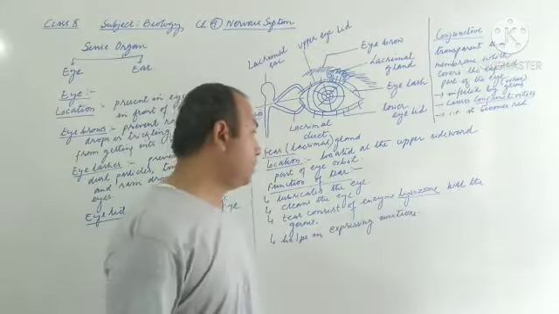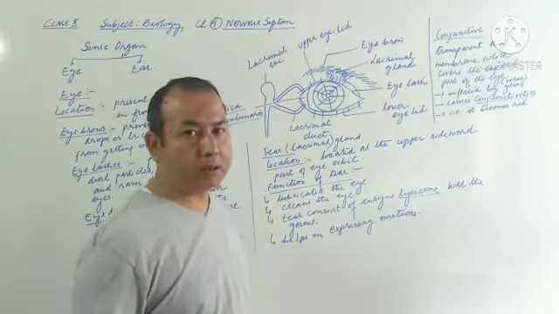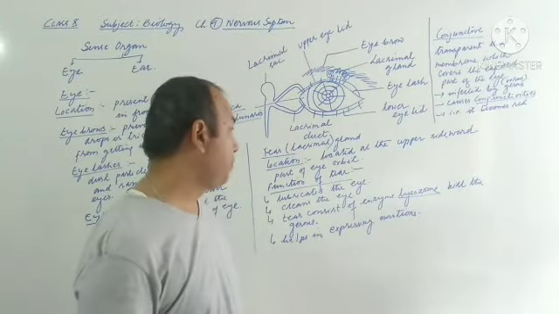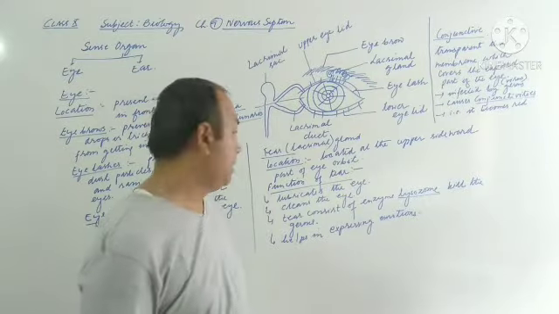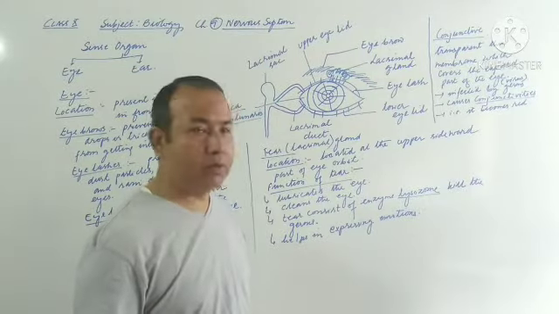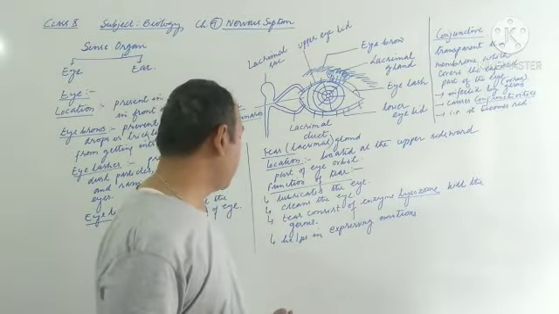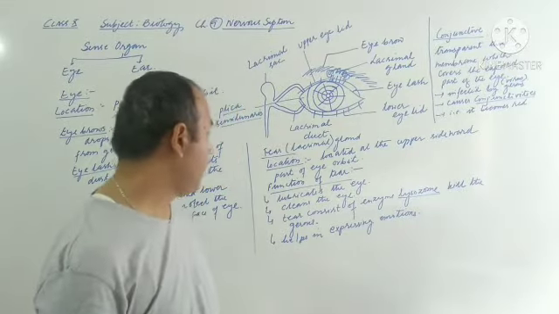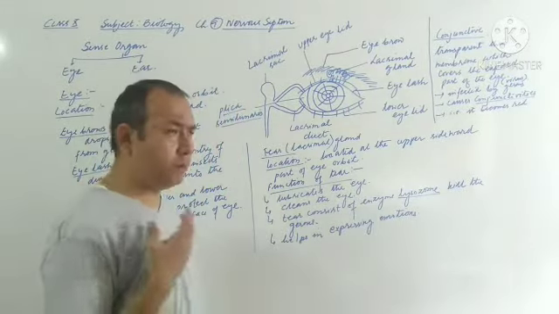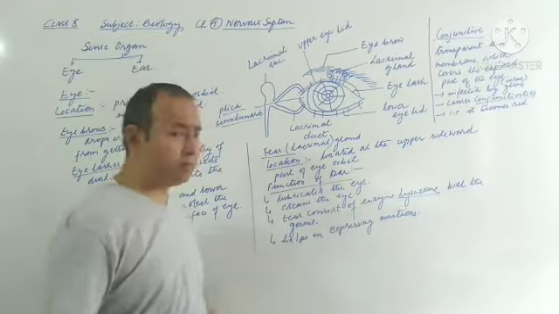This lysosome kills the germs that enter into the eye. So in this way tear helps to protect the eye from germs.